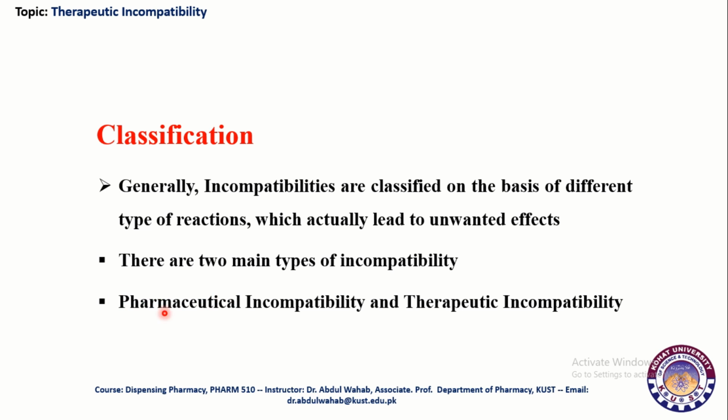Physical incompatibility is further divided into three types: insolubility, immiscibility and liquefaction. Similarly, chemical incompatibility is also divided into different types, and the main topic for our discussion today is therapeutic incompatibility.